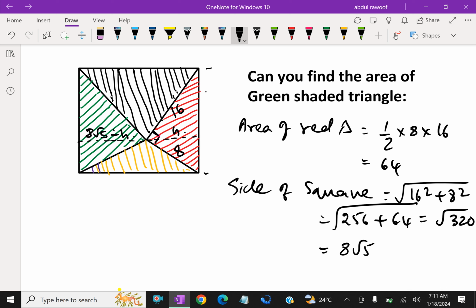Why? Because the total side is 8 root 5, and h is gone, so it's 8 root 5 minus h. So we got the two altitudes of the opposite triangles.